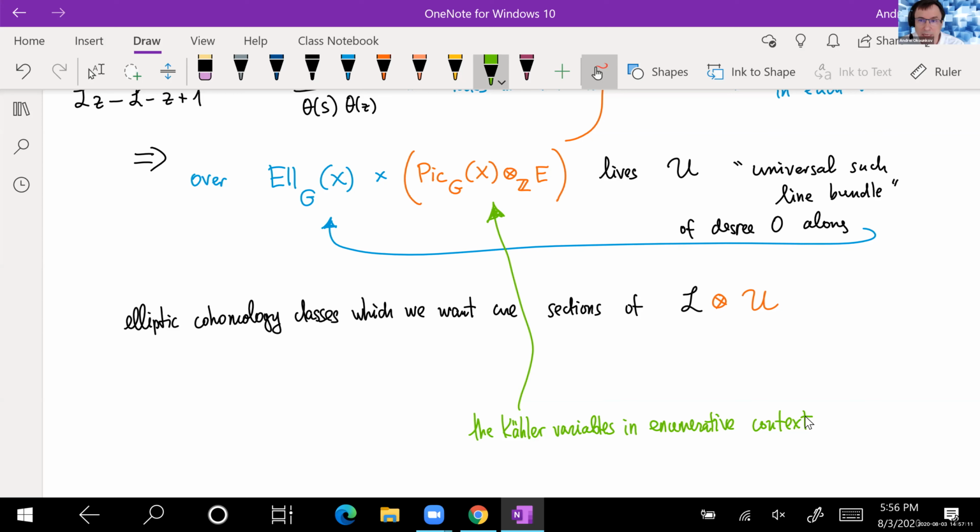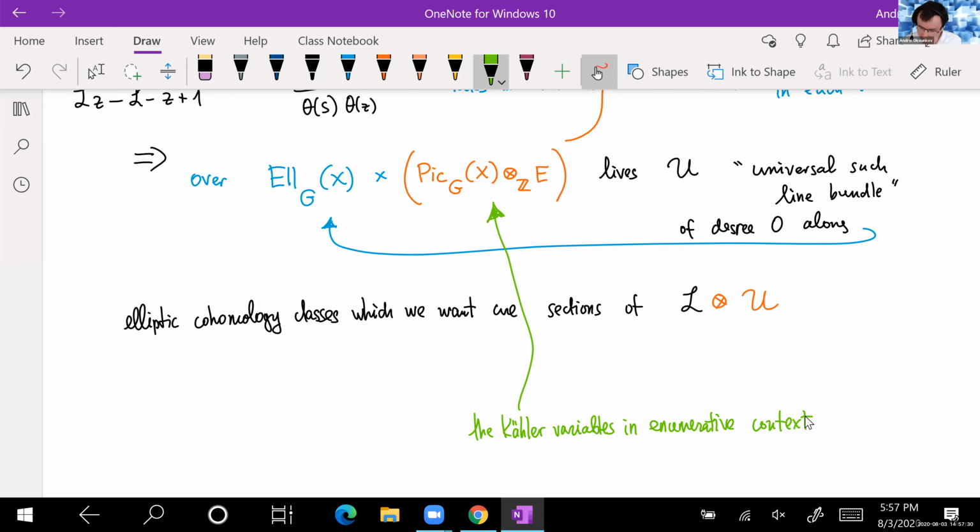In an enumerative problem, one counts curves into X one way or the other. And this records the degree of the curve. And this record is some generating function over all possible degrees. And so it's a function on what people call the Kähler torus.